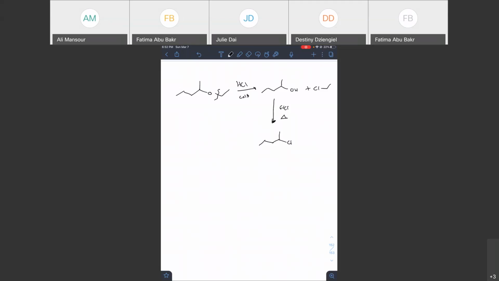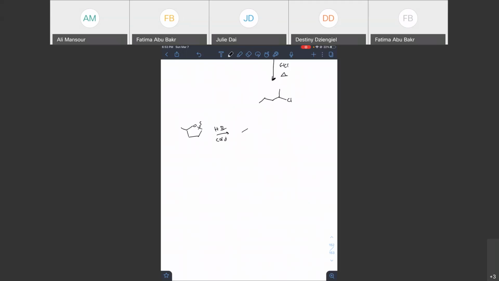So wait, let me see, guys, just a second. So here's another question right after that. This is the same kind of principle. So we have this, HBr and cold. So what this will do is, again, the OH has to go to the left side because we don't want a secondary halide right away.